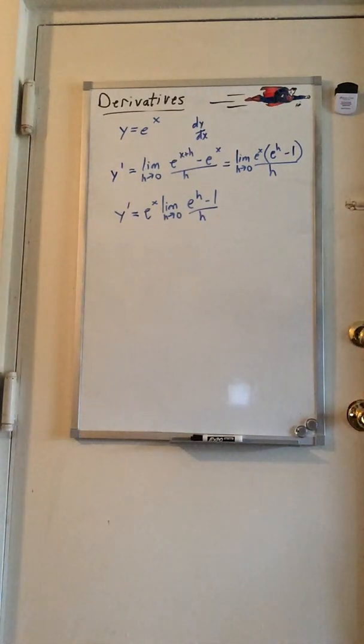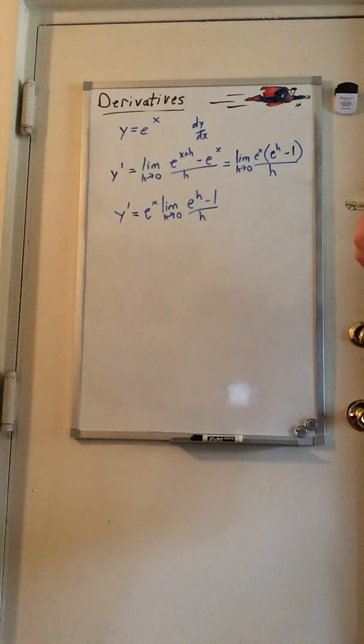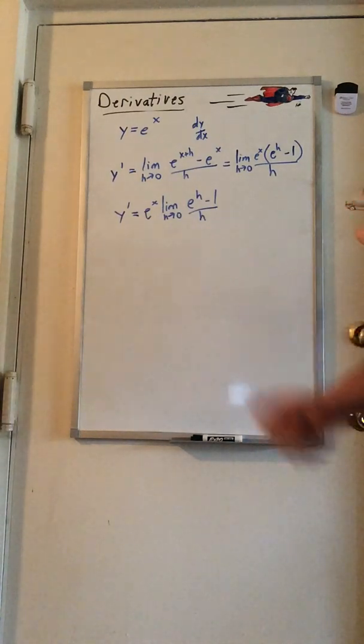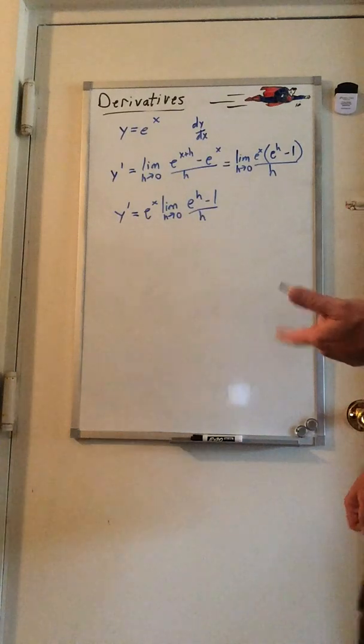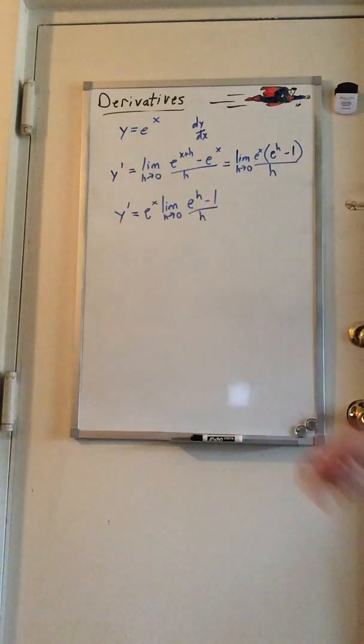As far as it goes, with the tricks we know right now, the easiest way to actually solve that is to just throw it into a calculator, and I'm not going to stand here in the video and use a calculator. If this was a class, I would just randomly pick on you people and make you throw random h values in there as h gets really small to see what actually happens.